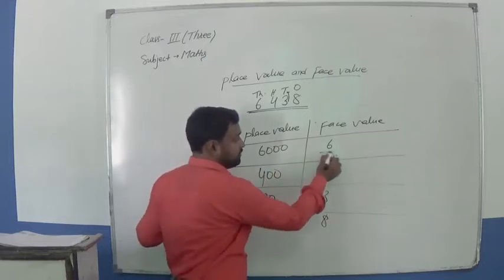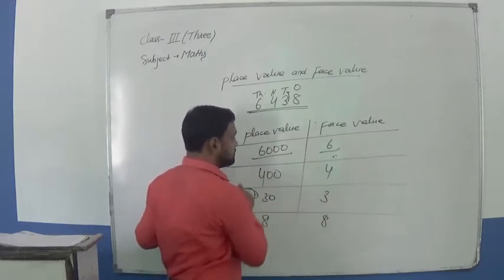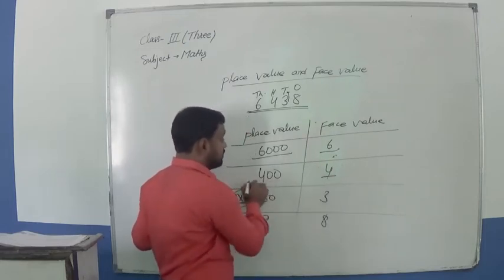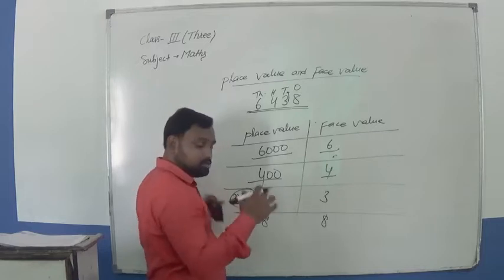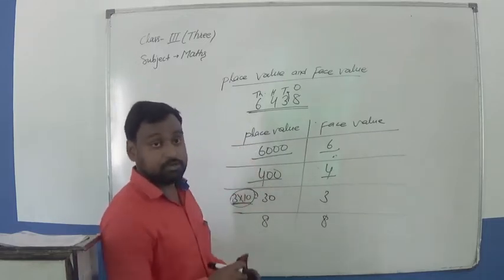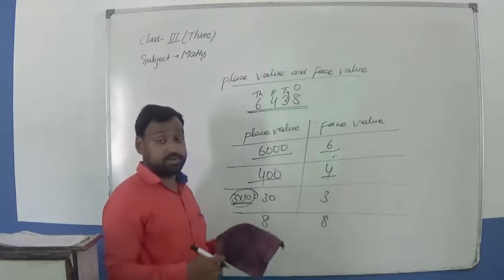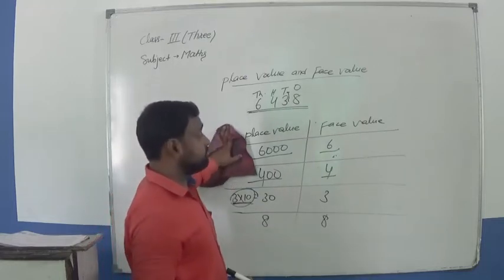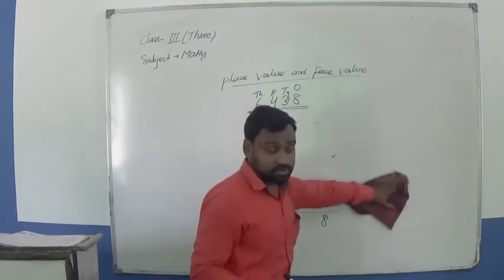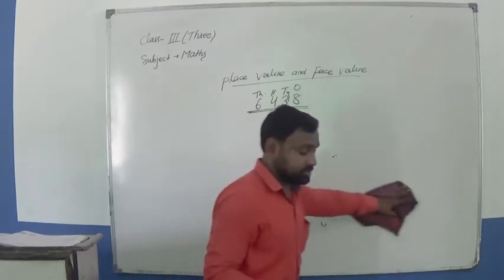Face value 6, place value 6000. Face value 4, place value 400. In short, the place value of a digit depends upon the place of the digit in the numeral.